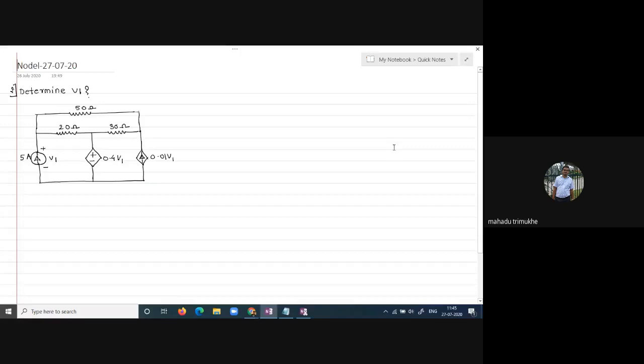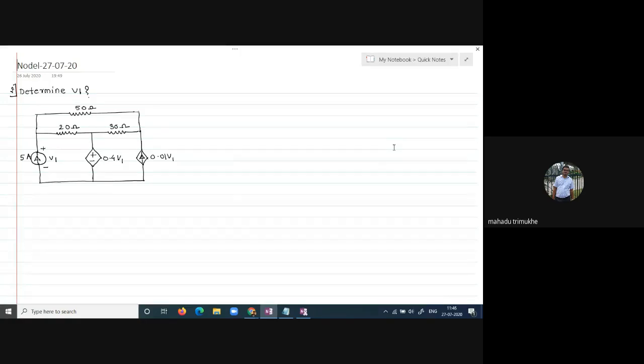Okay, this is a circuit V1. Then you have to determine V1 by using nodal analysis. So to draw this circuit, this particular electrical network has a mixed source, right? Two dependent sources and one independent source.